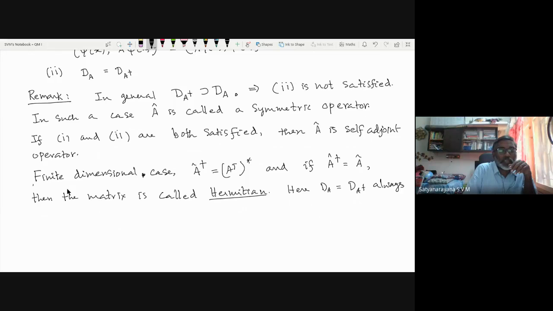In the infinite dimensional cases, since this difference is there, we will always call this a self-adjoint operator. So in finite dimensional vector spaces, both symmetric operator and self-adjoint operator are called Hermitian operators. Whereas in infinite dimensional cases, we make this distinction that a self-adjoint operator is a symmetric operator, but a symmetric operator is not a self-adjoint operator because these domains are not the same.